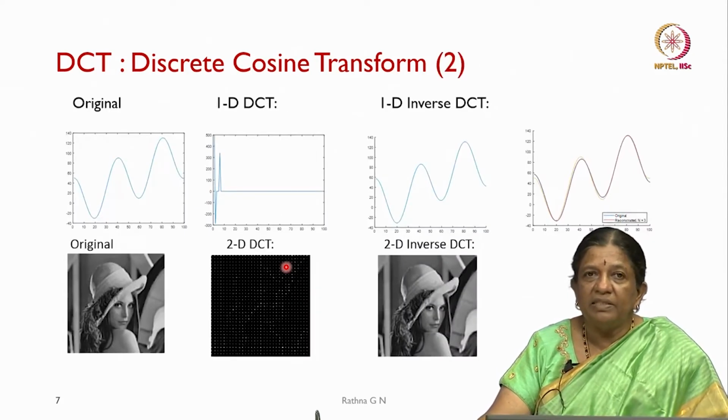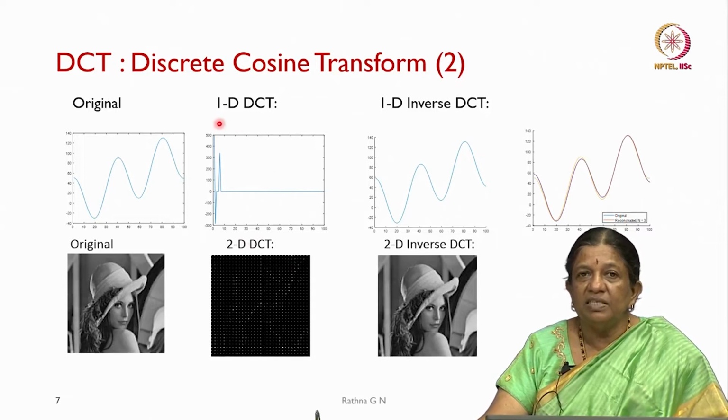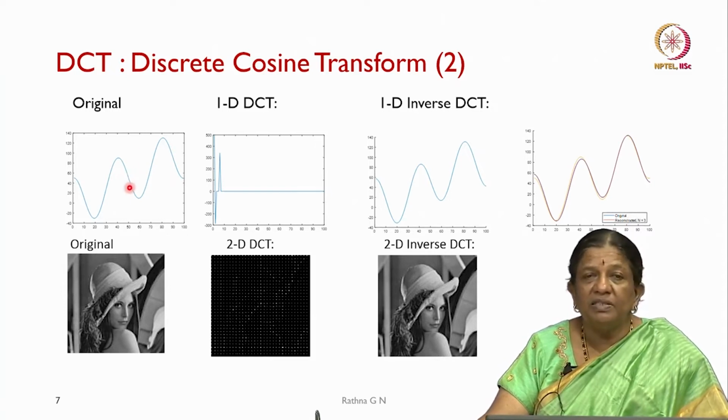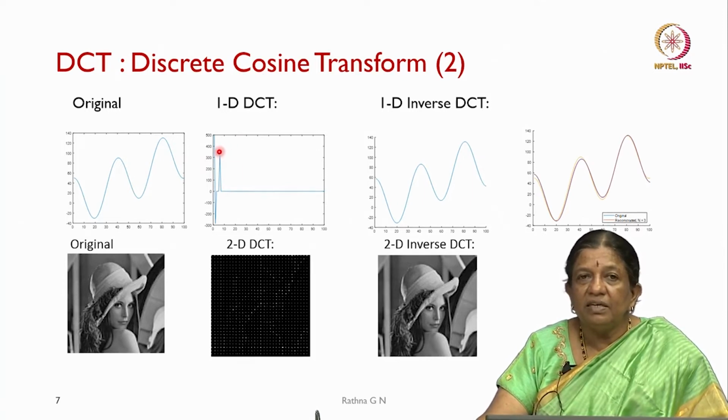As an example, running MATLAB, we consider the discrete cosine transform. This is the original signal, and when you take the DCT, these are the DCT values you will get. As you can see, only at the lower frequencies do you have some values, both positive and negative, and after that it is almost 0.